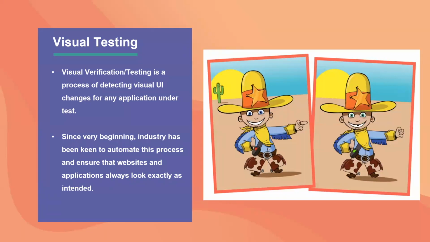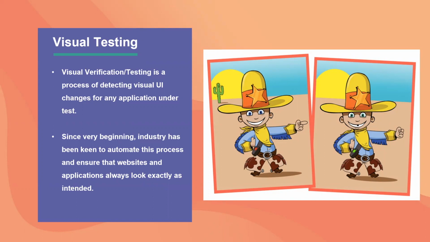From the very beginning, the industry has been keen to automate this process to make sure that applications always look exactly as intended. And with the advent of online products, the importance of visual testing has increased. On the right is the same childhood game which we all loved playing, and now we are going to automate that using AI.